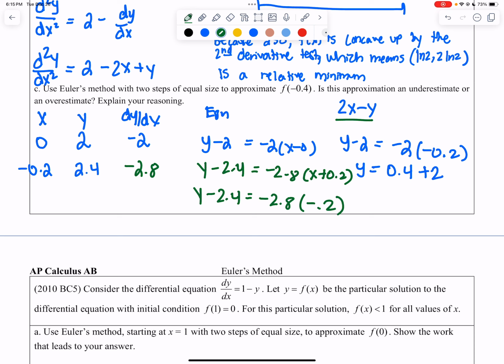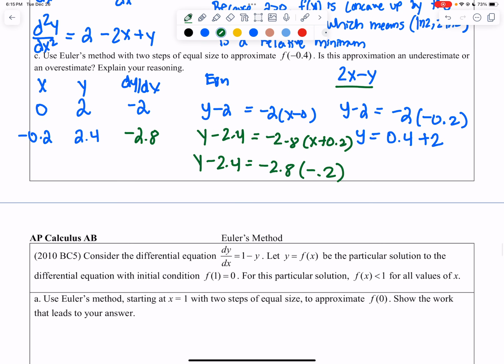And then I am going to multiply that. 2.8 times 0.2 gives us 0.56. And then I'm going to add that to 2.4, which is going to give us 2.96.